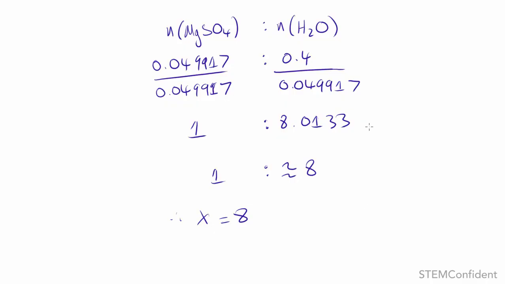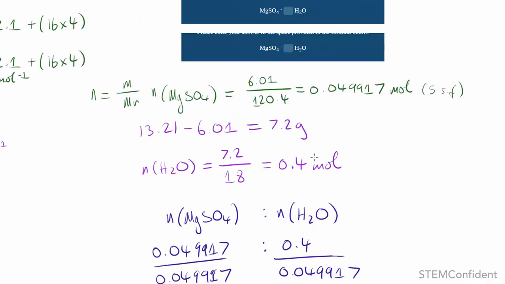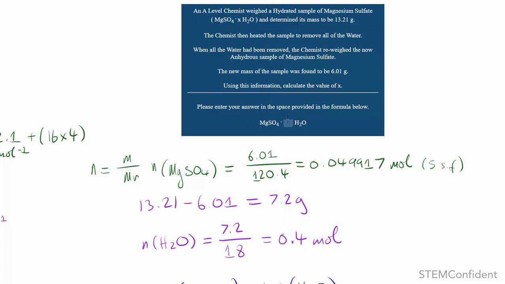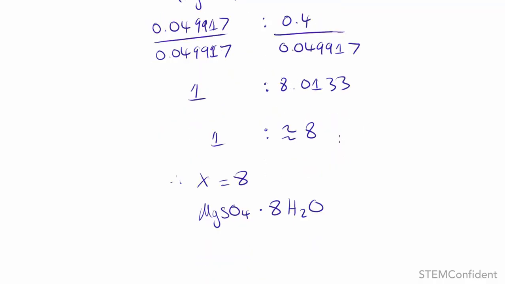If x is equal to 8, then the formula is actually MgSO₄·8H2O. So here we're going to have an 8. And yeah, that's how you'd approach that.